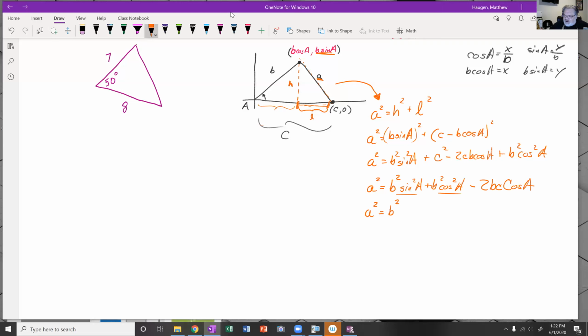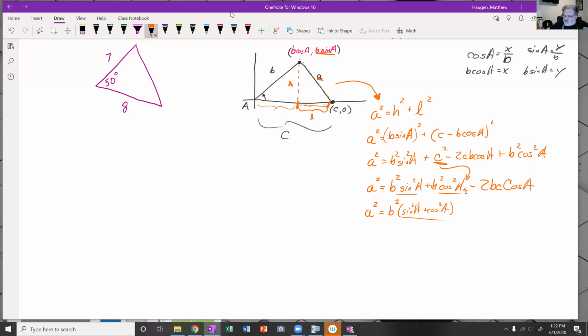So if we factor out that B squared, the resulting sine squared A plus cosine squared A is going to equal 1 in there. Oh, where'd my C squared go? I lost my C squared. So plus C squared.